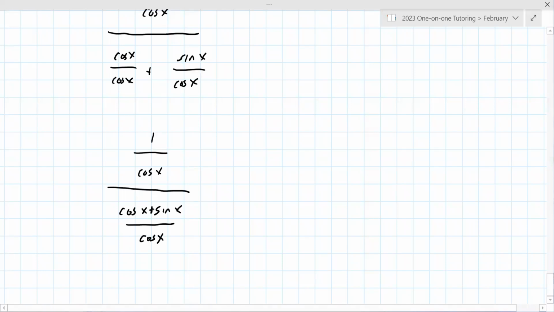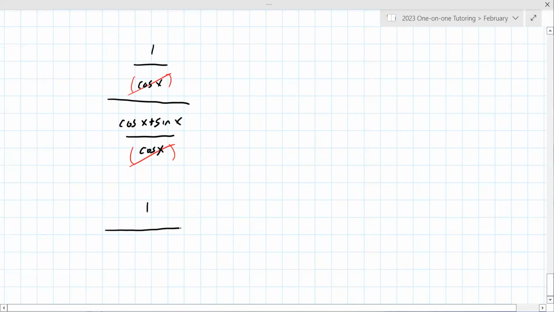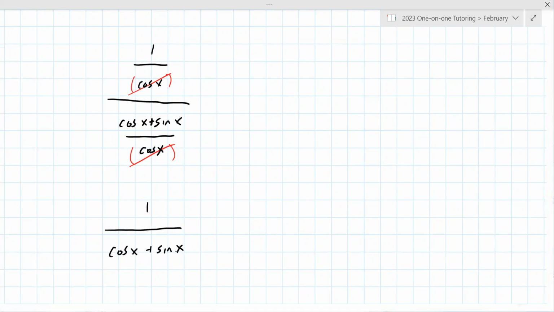The cosine. Yes. And the reason is, yeah, there's parentheses, but it's the only thing in parentheses. So this becomes 1 over cosine x plus sine x. So this is a step where you're really in a bad spot because the right hand side doesn't look anything like this.